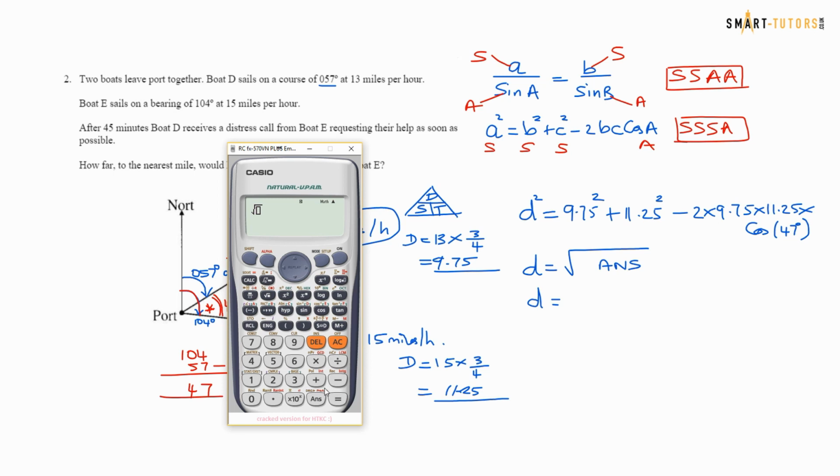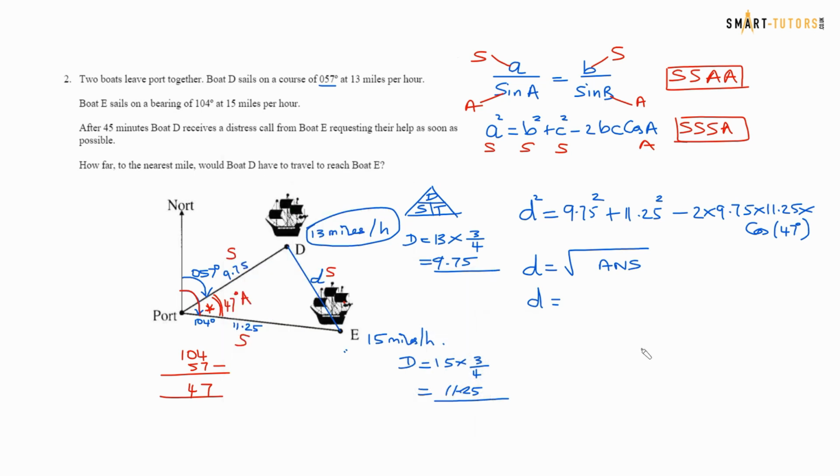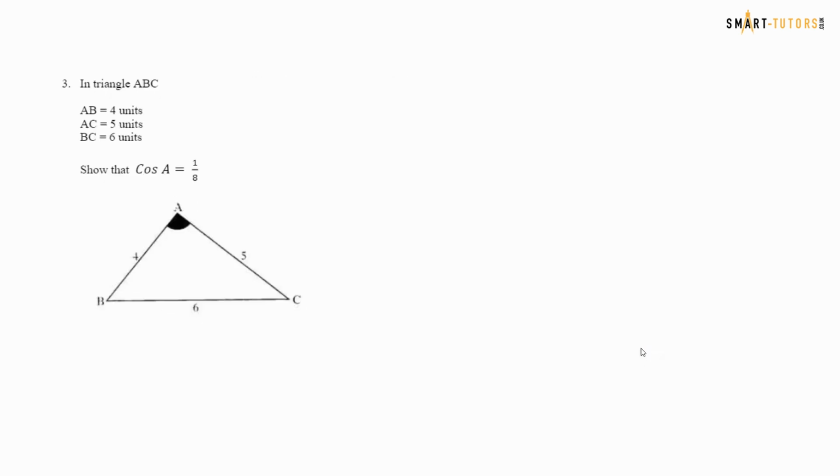So the square root of the answer is 8.48 miles, but they're asking for the nearest mile, which means D is 8 miles. That is the answer for question number 2. Let's look at question number 3. Now we are going to speed up a little bit with what we learned.